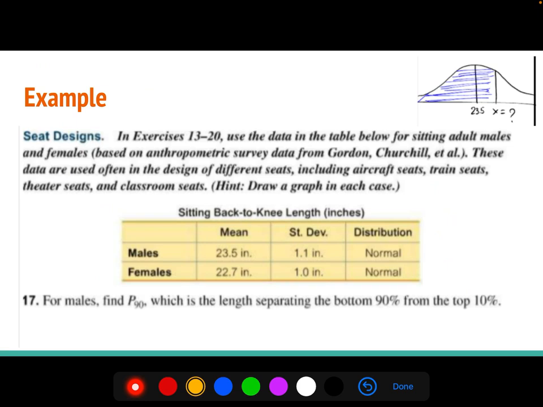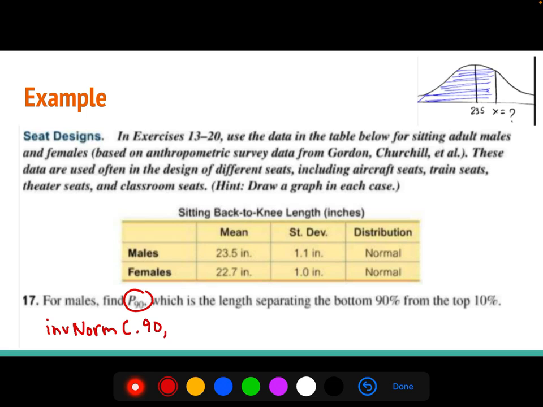And this one again, back to the pilots and how long their seat, or no, these are theater seats, sorry. So for males, find P of 90. That's 90% from the bottom, and the top 10%. What's that critical value there? So we do inverse norm, because we know it's 90%.